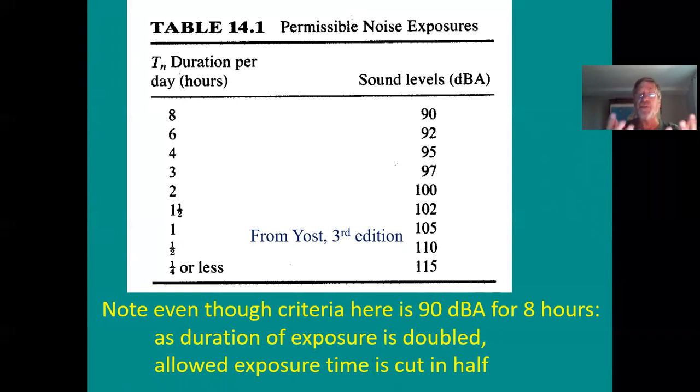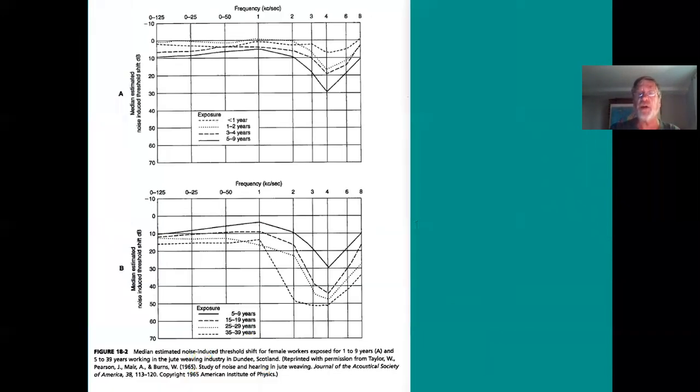Okay, but this is talking to you about the permissible noise exposures and what causes noise-induced hearing loss. Here you're looking at people who've been exposed to noise over a longer and longer time. And so you can see this here, exposure, and then here even more length of time, and you can see how the noise-induced hearing loss got worse and worse.